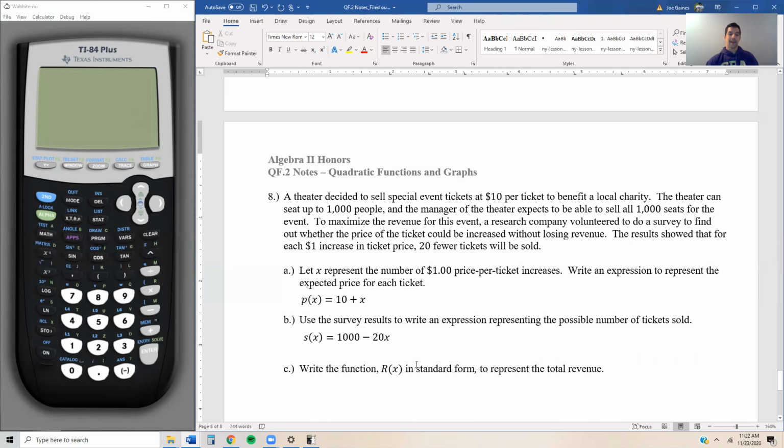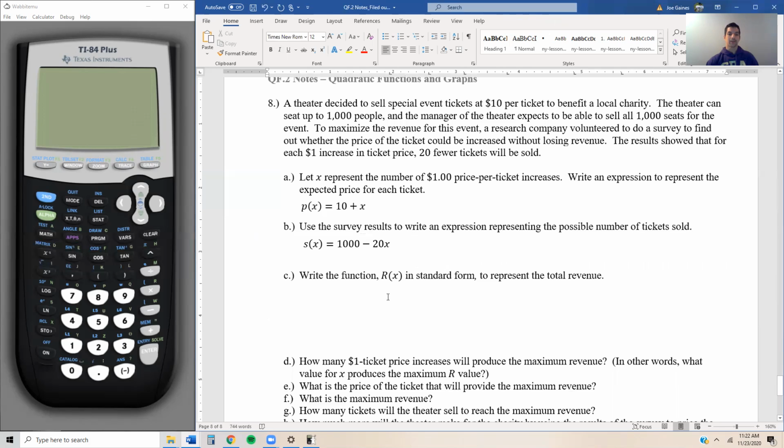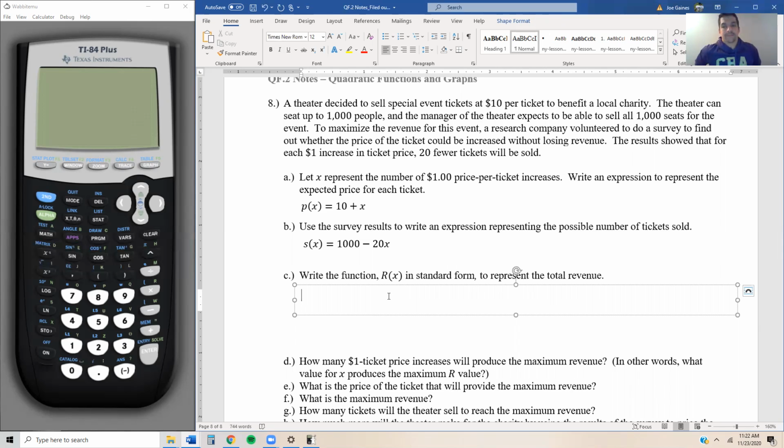Now this next part, C, relies on some information that we've talked about but haven't really gone in depth on. This is an equation that you see pretty commonly in business. If any of you are going to go on into accounting or statistics and any of that route in the future, you're going to use this concept and this equation pretty often.